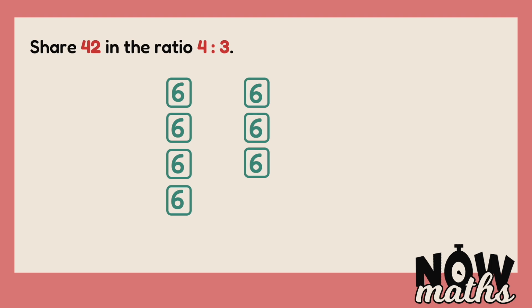Now we need to work out the total of each of our columns. So for the 4 parts, we have 4 lots of 6, which is 24. And then for the 3 parts, we have 3 lots of 6, which is 18. And this time we can't write names next to the amounts, so we're going to write our answer as a ratio.